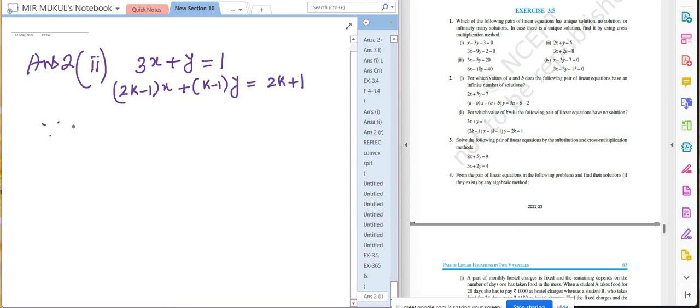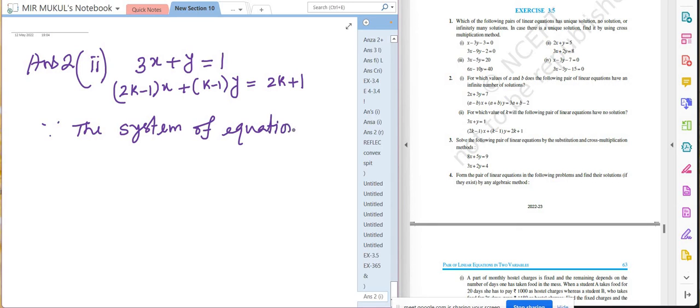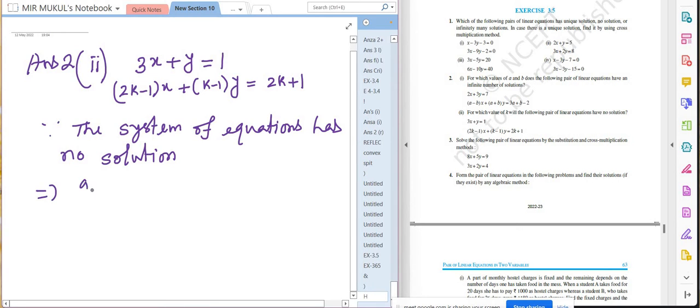Since the system of equations has no solution, we can write a1 by a2 equals b1 by b2 not equal to c1 by c2, right?